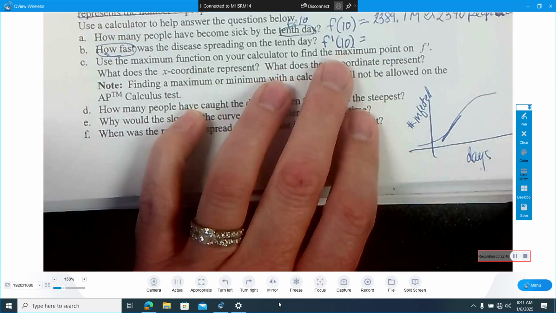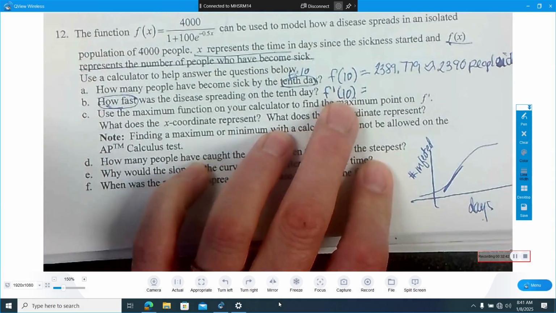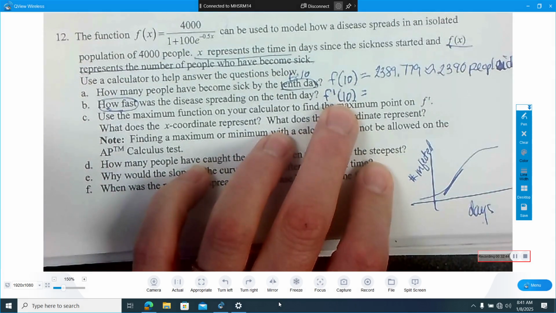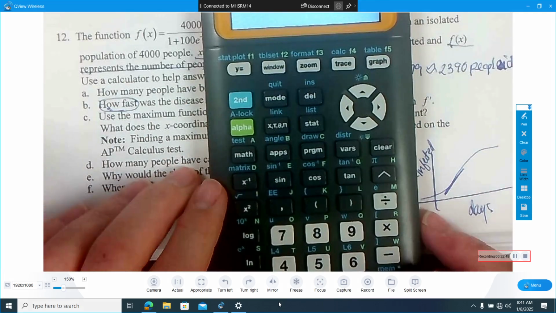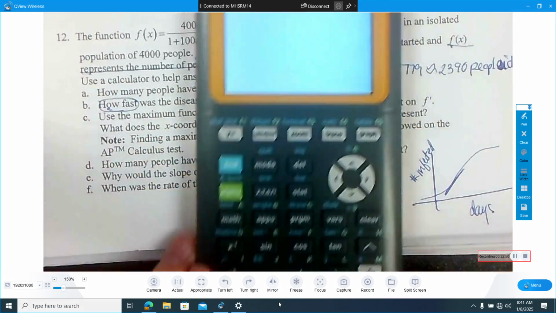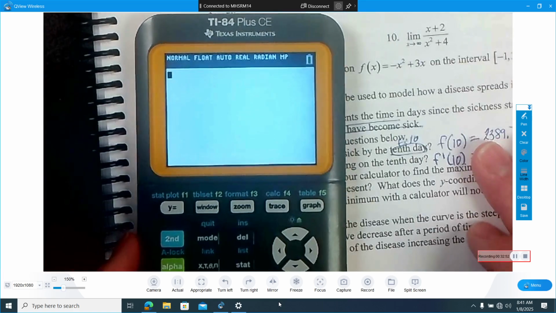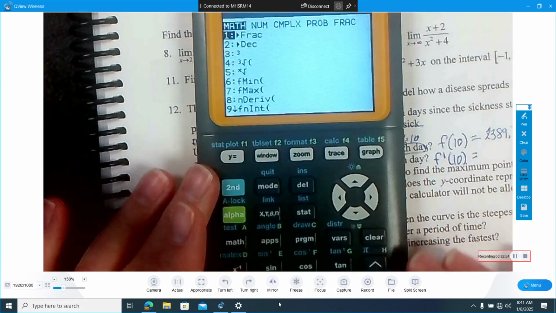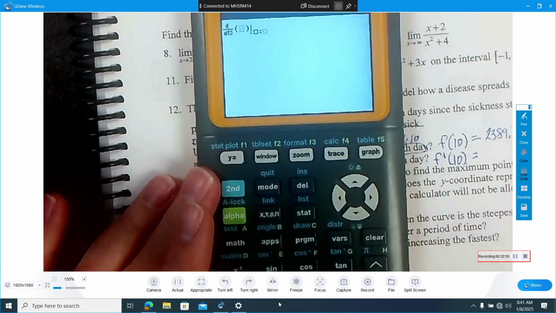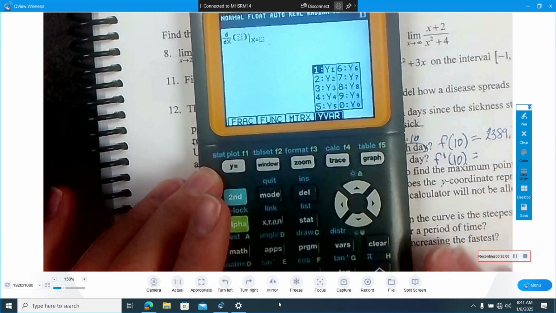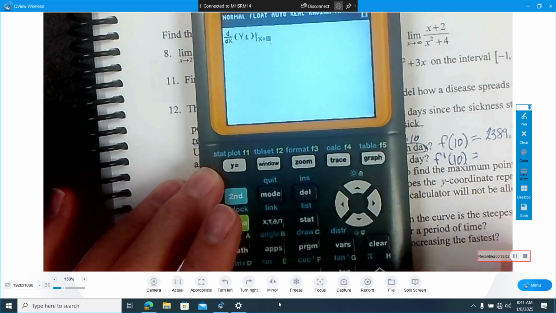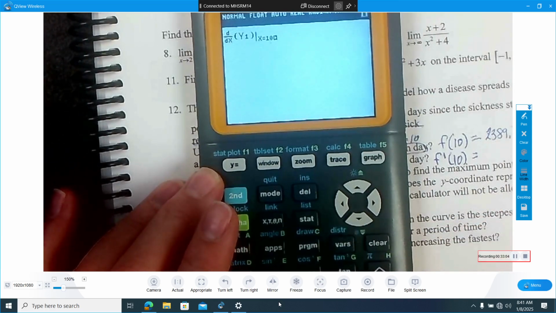And again, we can do this on our calculators. How do we figure this out on our calculators? Yeah, numeric derivative. So that'd be math 8. So we're going to do math option 8. So we want the derivative of y1 when x equals 10.